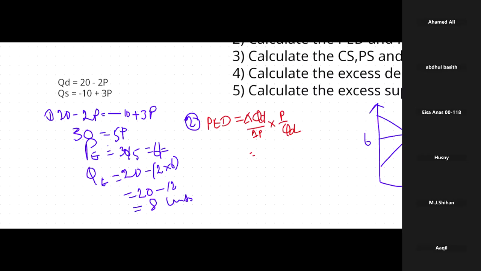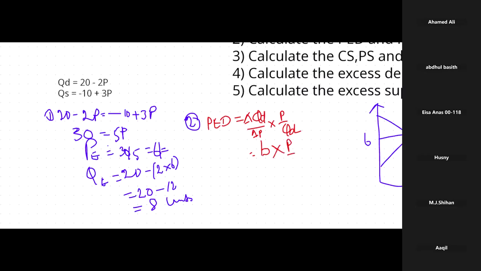In the graphical method, in the table, you will have delta QD as well as delta P. In the equation method, you don't have delta QD or delta P separately. So instead of delta QD over delta P, we write simply B, the slope of the demand equation. Therefore, this equation is converted to B into P over QD.